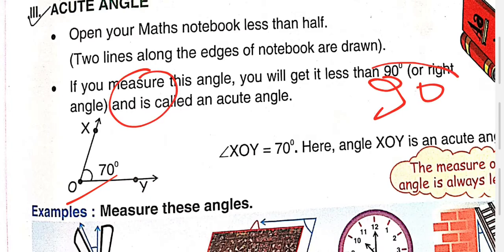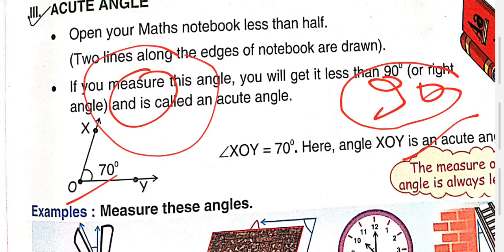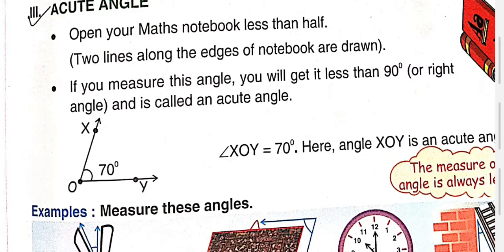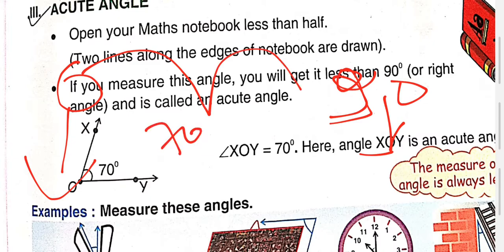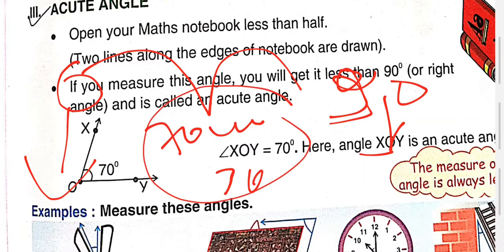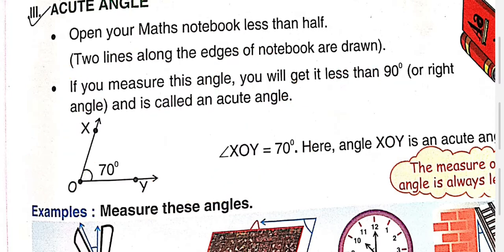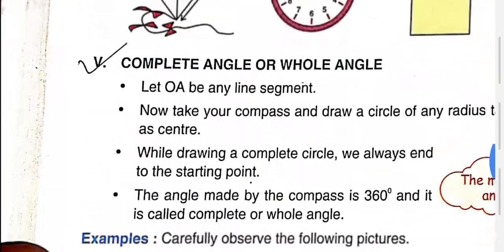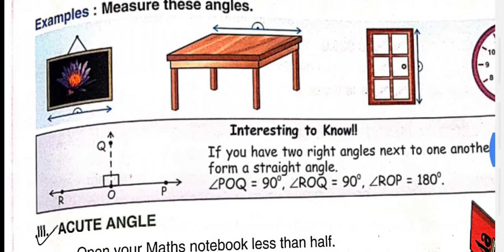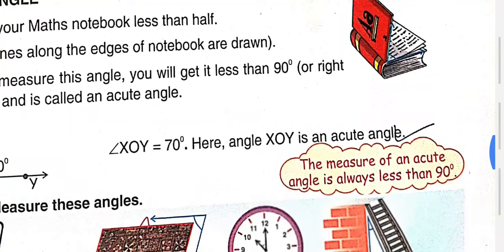If it becomes 0 it is known as a zero angle, if it becomes 90 it is known as the right angle, and if it is between them like 70, 40, 30, then it is known as an acute angle. So the measure of an acute angle is always less than 90, but it is always greater than 0 also.